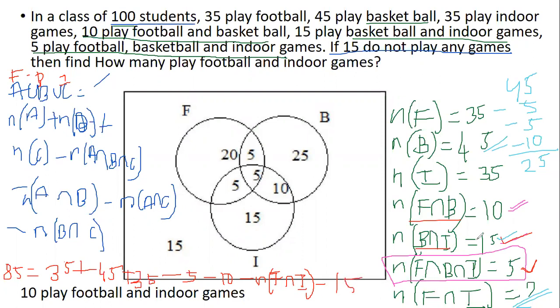Now can you find out what will be N of F intersection I? First add all the numbers here. You have 35, then 45, then again 35, then minus 5, minus 10, minus 15.